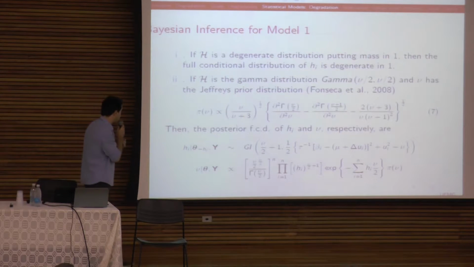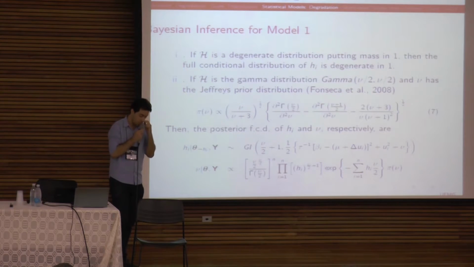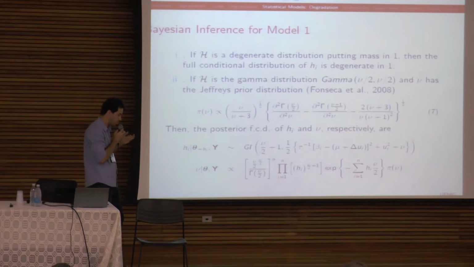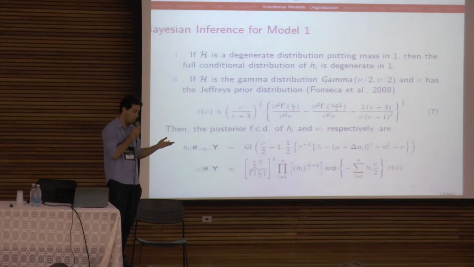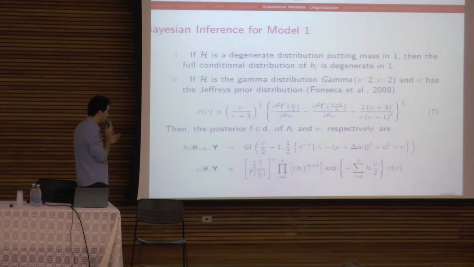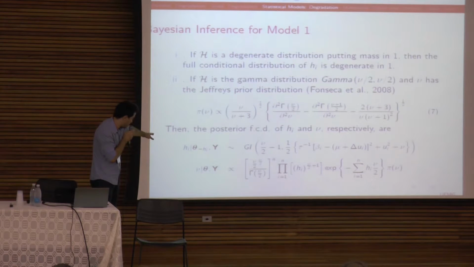The only problem is when we choose the H measure, then we have to worry about what distribution we will fall. For each distribution, we will have changes in the full conditionals of H i and nu.